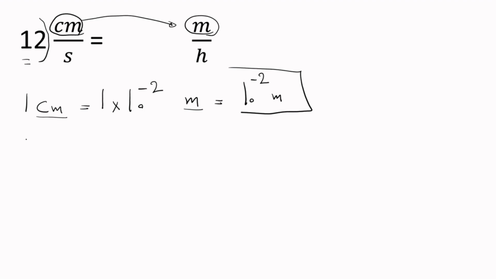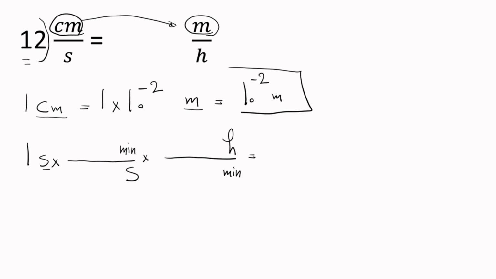I want to convert second to hour, and I'm going to get help from dimensional analysis. 1 second, unit of the next denominator will be the unit of previous numerator. So second, I want to make the unit larger. 1 step larger than second will be minute. Should I continue? Yes, because I want hour. I will write minute because it is the previous numerator. 1 step larger than minute will be hour.